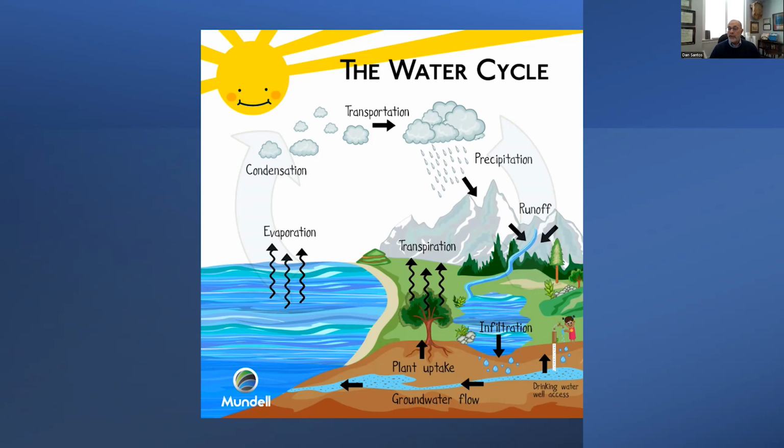So that's what runoff is, the liquid water from rain that runs off the land, makes puddles, goes into rivers and streams. And then that may infiltrate, meaning it may go down into the ground surface. And then much of the rainwater, in fact, most of it does infiltrate. And you can see that here, infiltration, and it goes down into the ground, beneath the ground surface, and is held there.